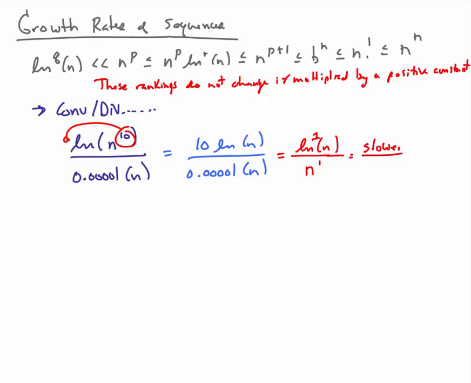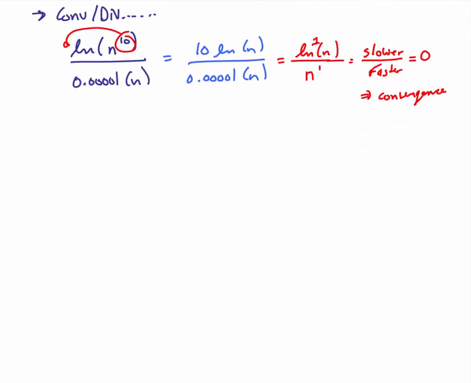So this is slower, this is faster. They're both going toward infinity, but the denominator is overtaking the numerator in terms of size. So this is going towards 0, because I have this ratio: slower over faster, so it's going towards 0, which implies convergence. Knowing this list is very helpful, but you still need to compare slower over faster, or vice versa, faster over slower, to draw your conclusion.